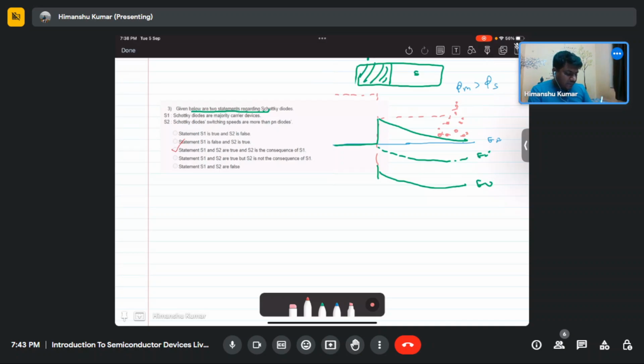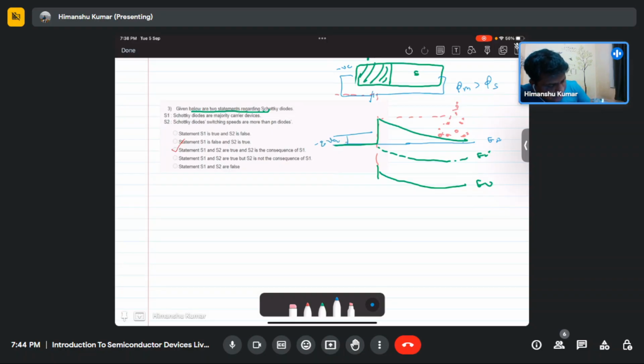Now let's see what will happen if we apply a negative bias. If this bias is negative, so the metal side is negative compared to the semiconductor side, then the Fermi level will move up depending on the applied bias, by minus q times VA.